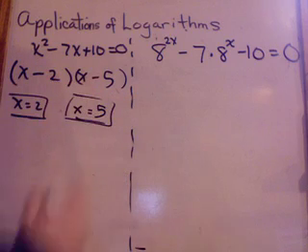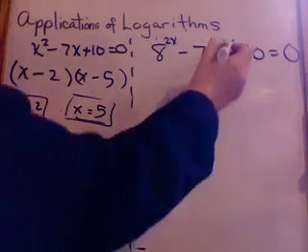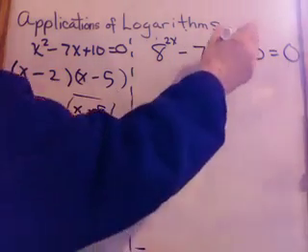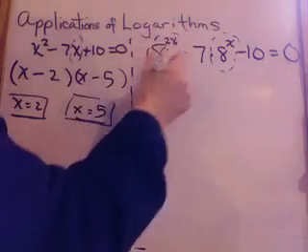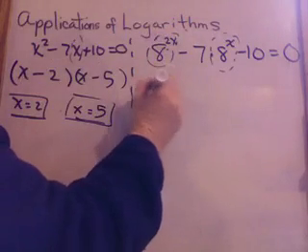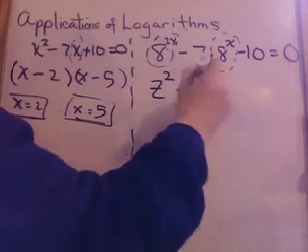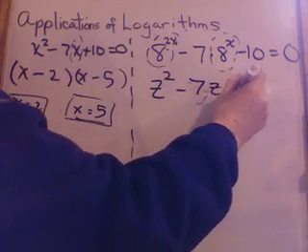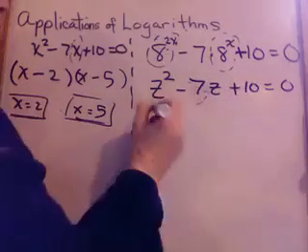So that's easy. This one looks really scary, but if you think about it, that could be your x, and that could be your x squared. So it really factors. Let's do a substitution. z squared minus 7z, let's make that plus 10, equals 0.